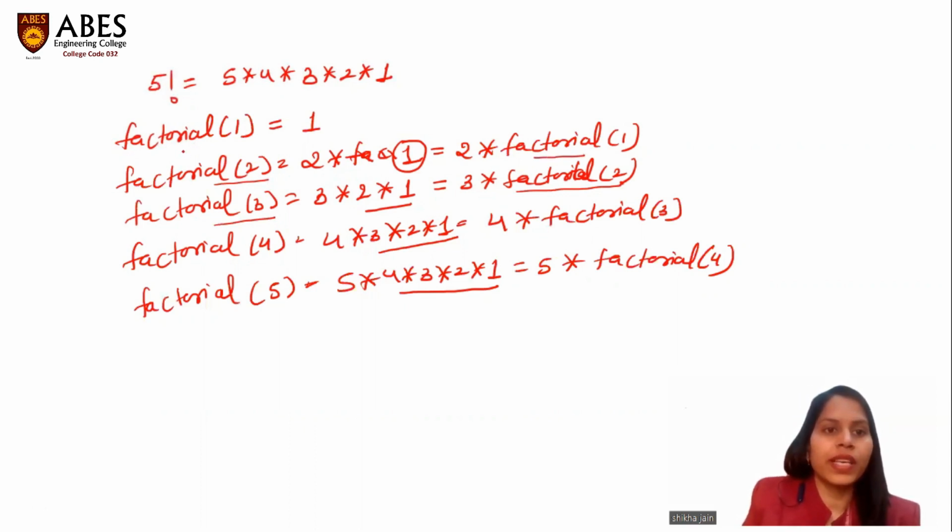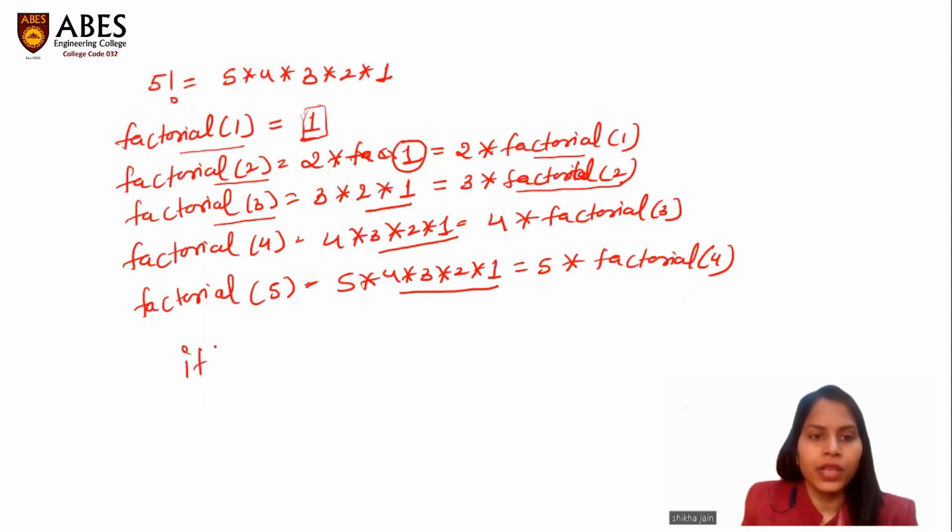So factorial 1 returns 1, and this can be the stop condition. That means when the value of n becomes 1, it should return 1. It is not dependent on any further factorial, right? So what should be the stop condition? If number equals 1, then it returns 1. This is the stop condition, right?